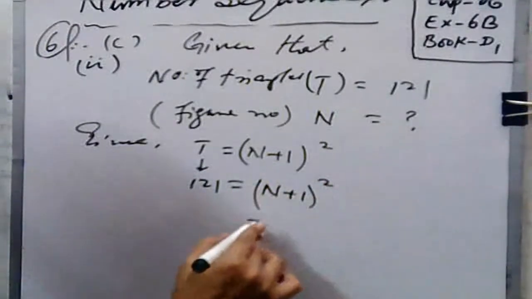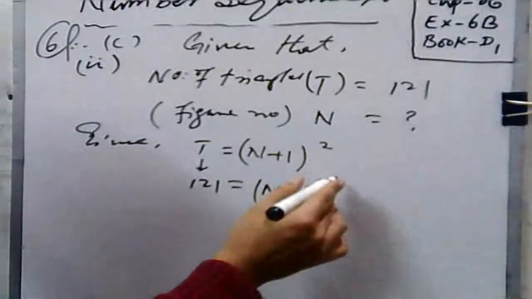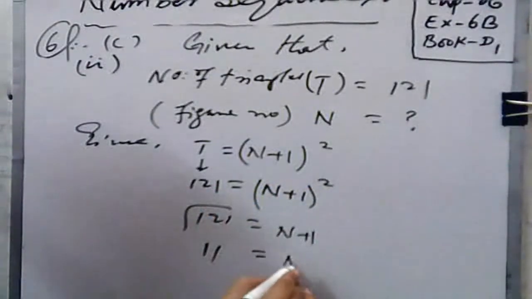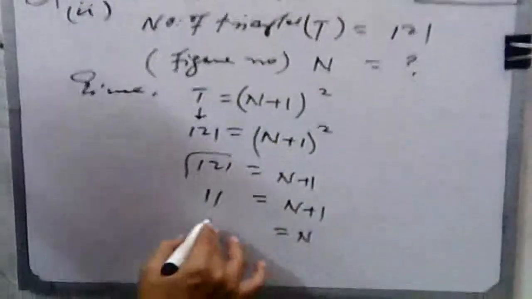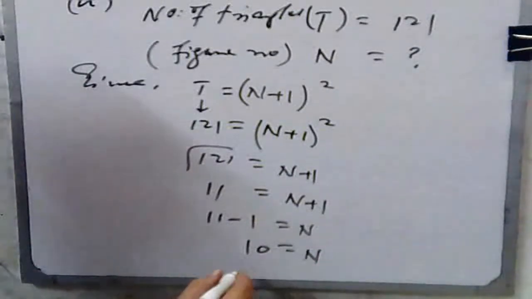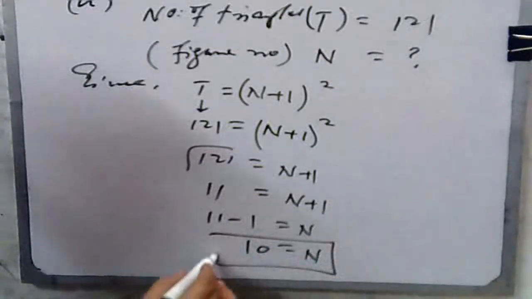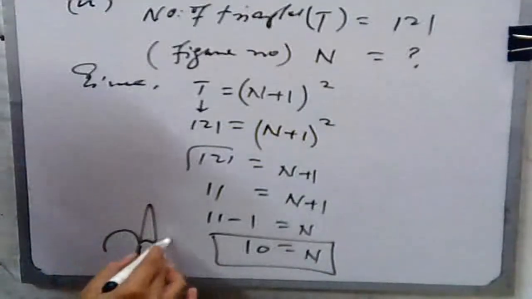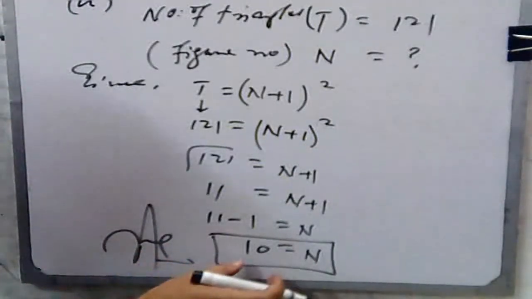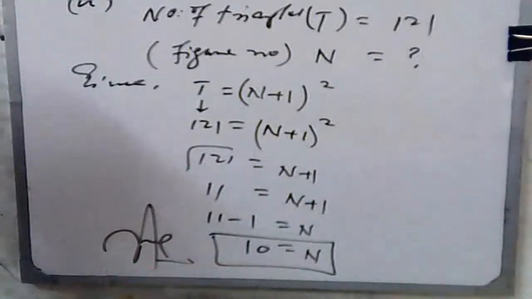So removing the square, taking the square root on both sides, you will get the square root of 121, so 11. So n plus 1 is 11, and we need the value of n. So shifting, 11 minus 1, you will get the value of n, that is 10. So 10 is your value of n. What is n? n is actually the figure number or diagram number. So that is your required result.